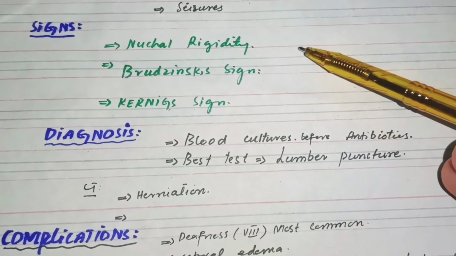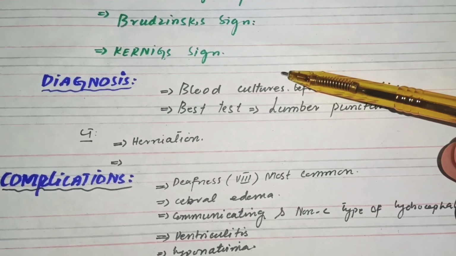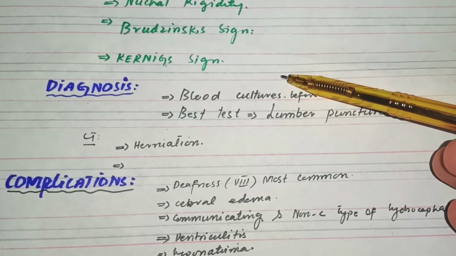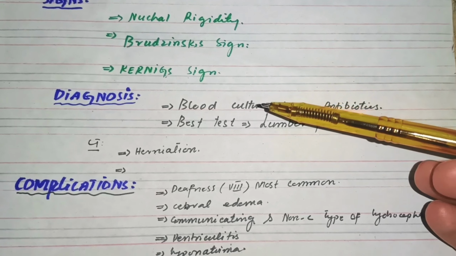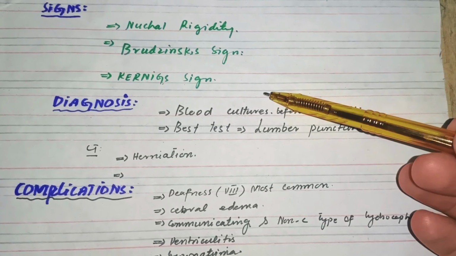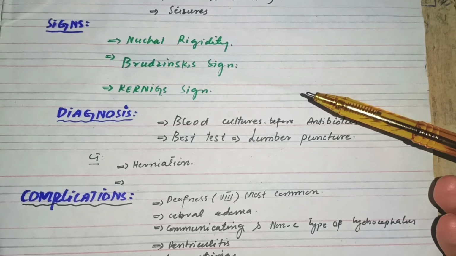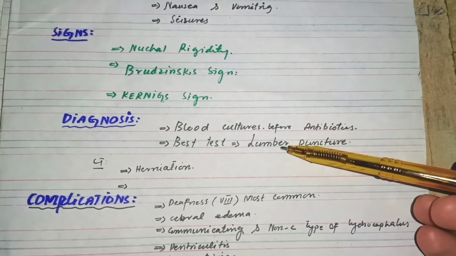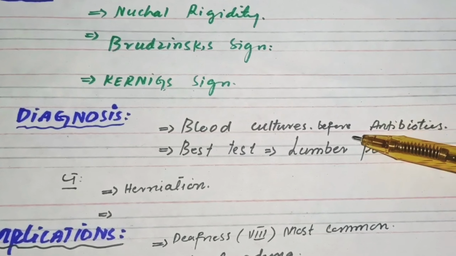So, how to diagnose meningitis? Meningitis can be diagnosed by a blood culture. You have to take the blood sample and then culture it and find which organism actually causes the meningitis. And the best and most accurate test is the lumbar puncture. You have to take the CSF and check the protein level.